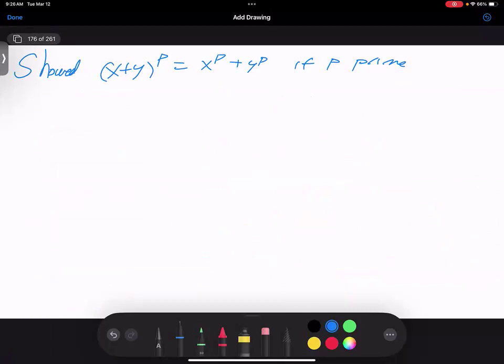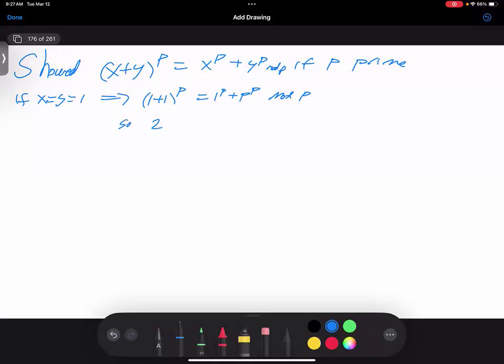Can somebody give me a good choice of x and y? The simplest choice that might be interesting. 1 and 1. Perfect choice. So if x equals y equals 1, we get 1 plus 1 to the p equals 1 to the p plus 1 to the p, and this is mod p, sorry.